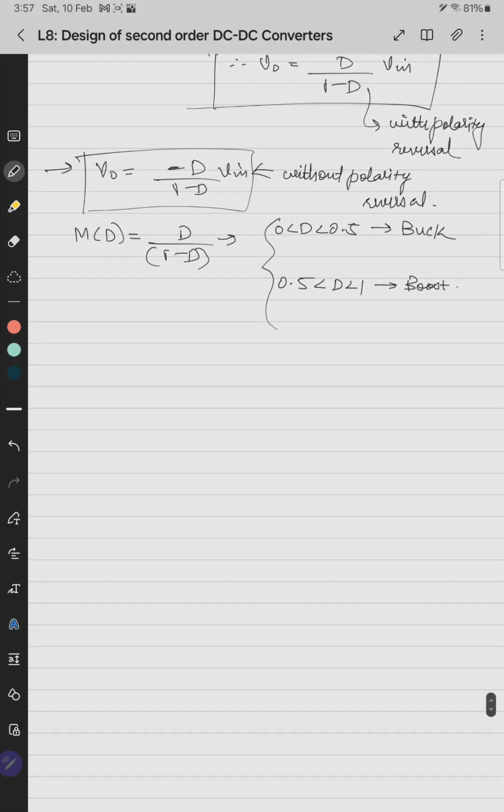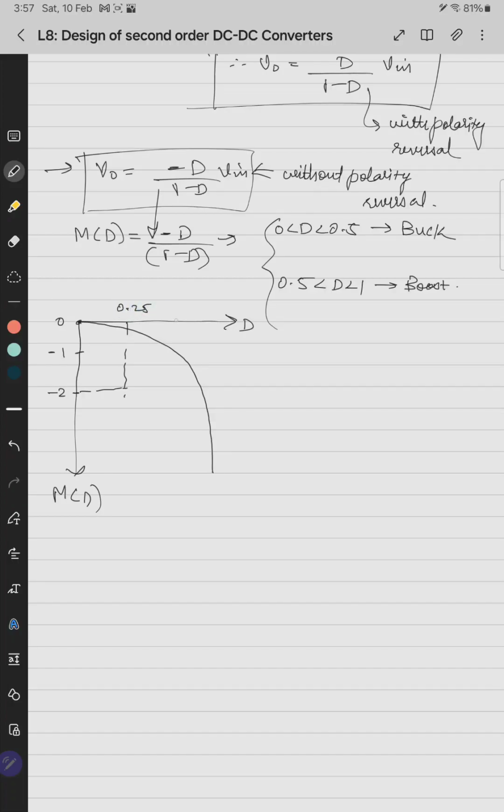If you plot M versus D with and without polarity reversal, this is capital D, this is M of D, and this waveform is like this: minus 1, minus 2, for minus 2 it is 0.25, and so on. So this is the DC transfer function for a buck boost converter.